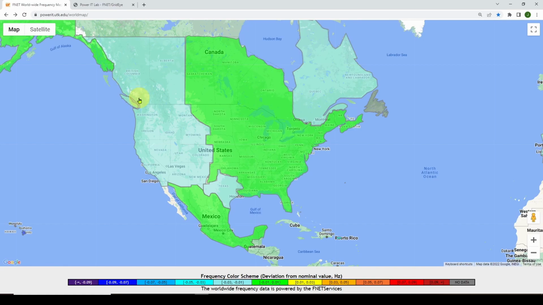So they have high voltage connections running down the coast to Los Angeles from Washington, British Columbia, that serve this hydropower electricity down into Los Angeles. And then there's big power plants out in the desert around Arizona, New Mexico, and those power plants can feed Los Angeles.